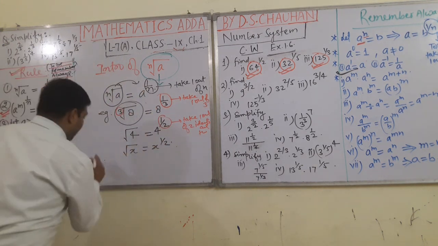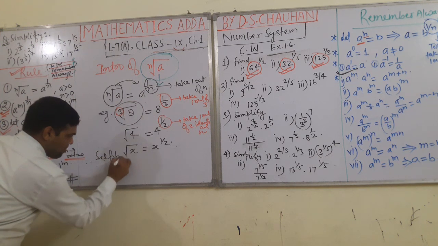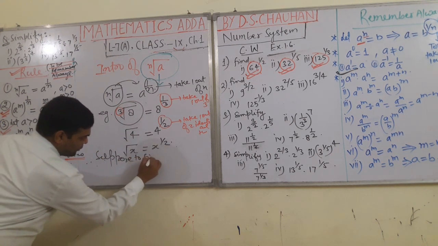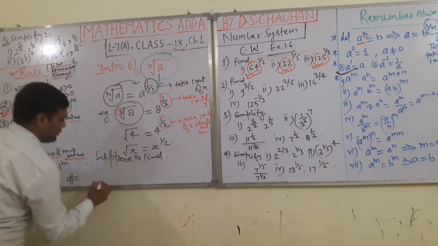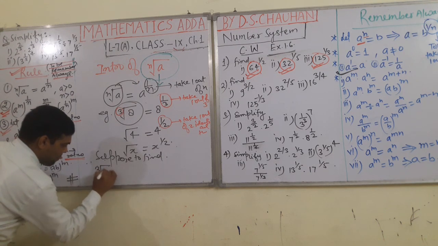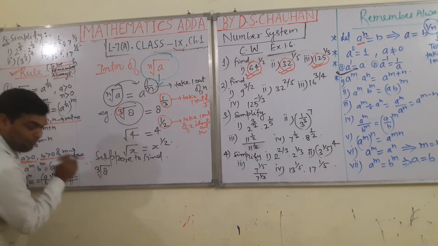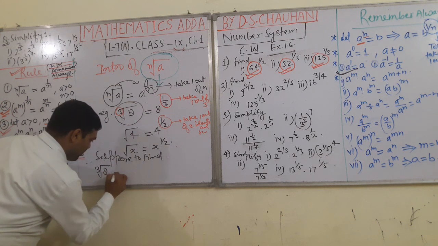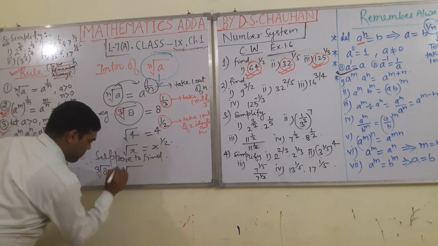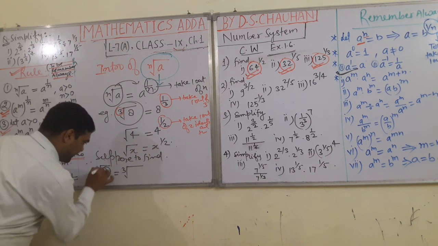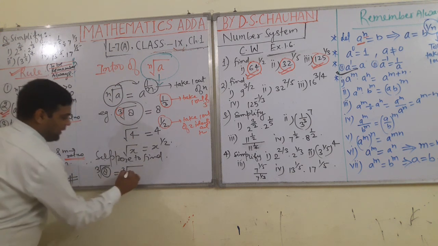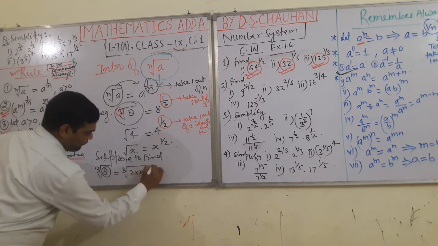See it. Suppose we want to find this. It means cube root of 8. How can we factorize the number 8? It can be written as 2 into 2 into 2.